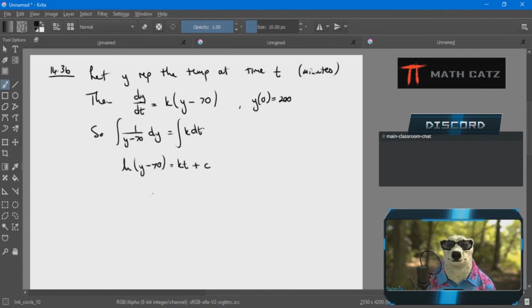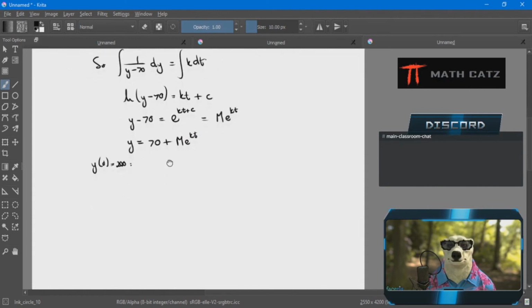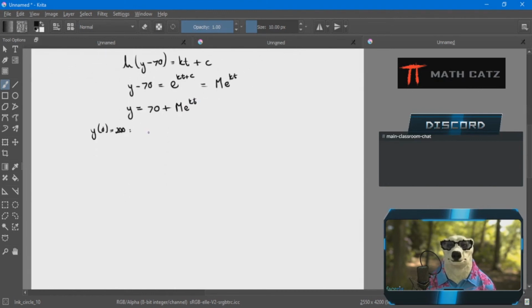kt plus integration constant. y minus 70 is therefore e to the kt plus c, rewritten to a nicer integration constant. I have my general solution or a version of it, and then initially I have a temperature of 200.